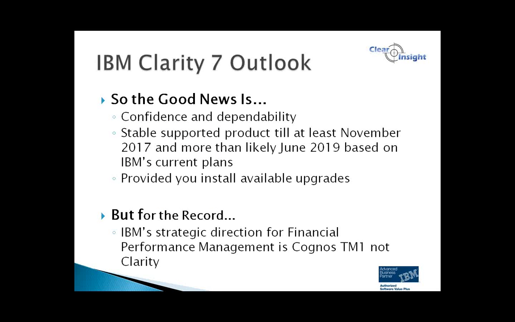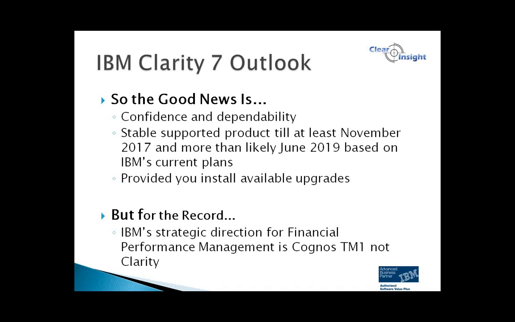Okay, so the good news now for you is confidence that you can have and dependability upon the Clarity product. It is a product that will continue to be managed, continue to be supported by IBM to ensure it works in your environments.